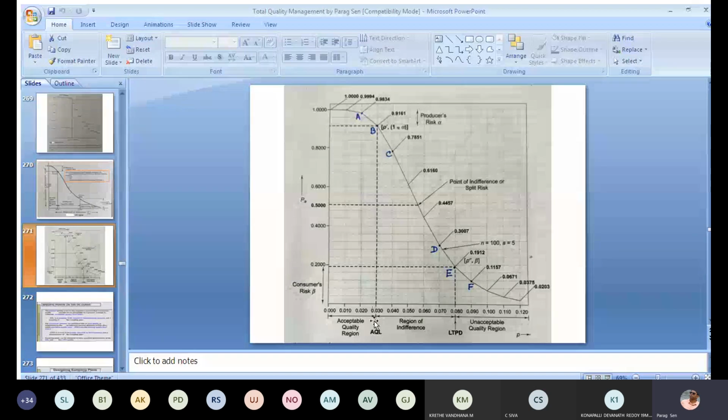But if the lot contains more than 8% defectives, then it will be definitely rejected by the consumer. This is the meaning of it.